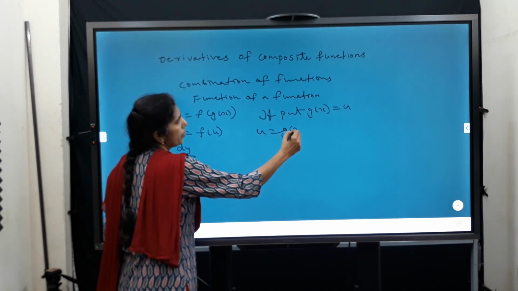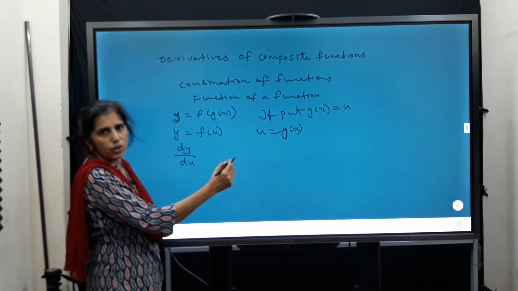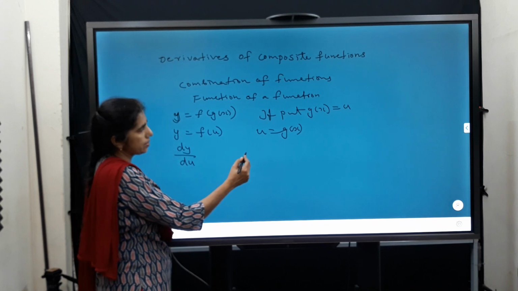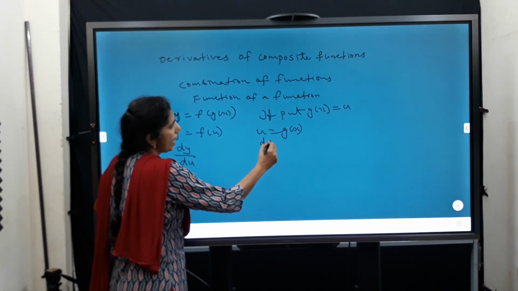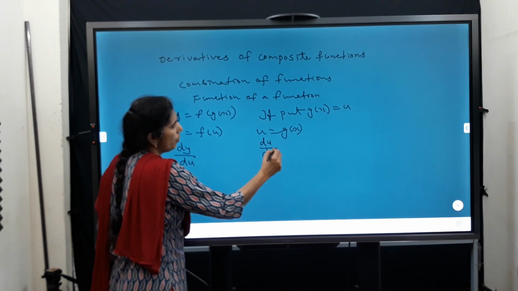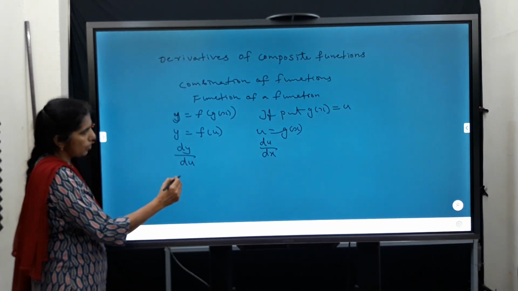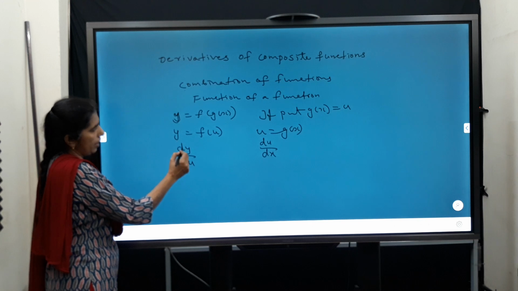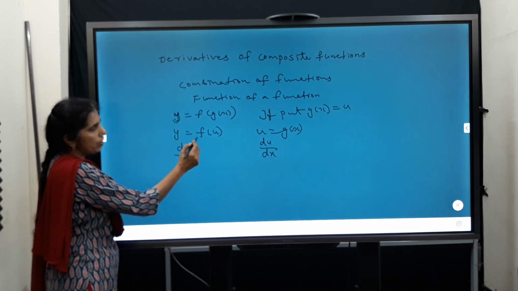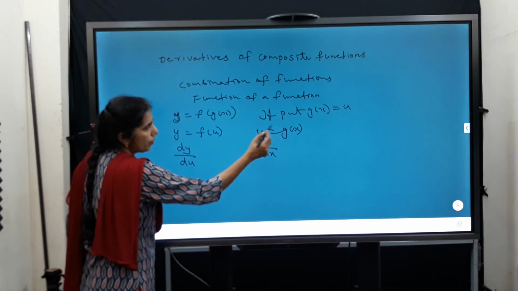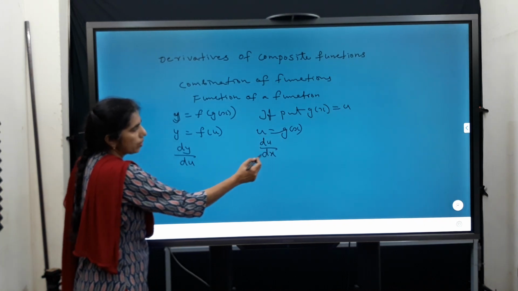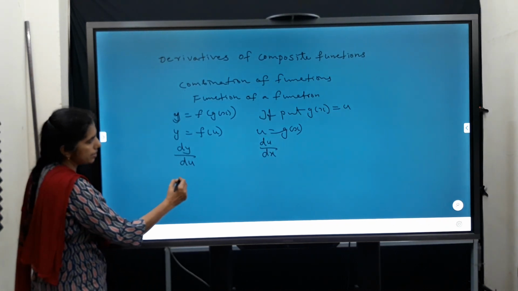U is equal to g of x, that is, u is a function of x, so we can differentiate u with respect to x and find du by dx. So we got dy by du, that is, we differentiated y with respect to u. We differentiated u with respect to x and we got du by dx.